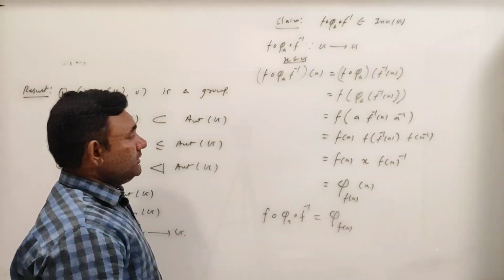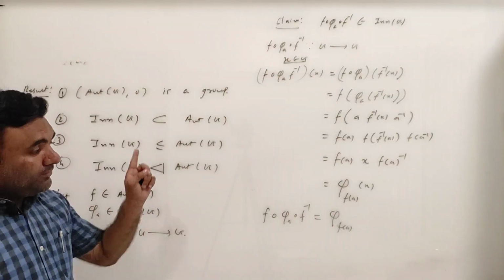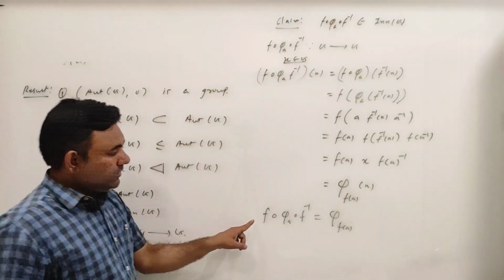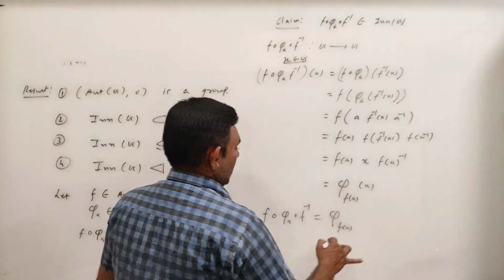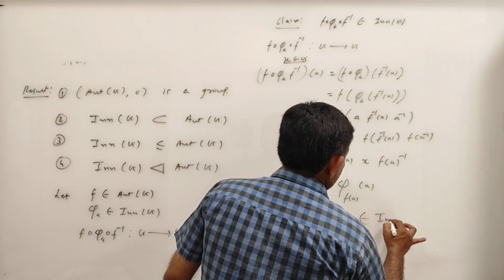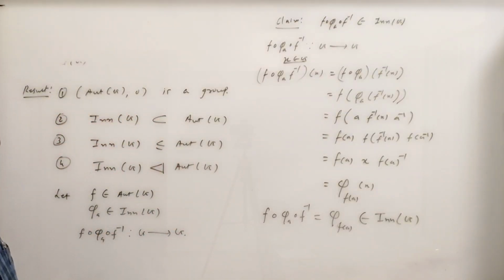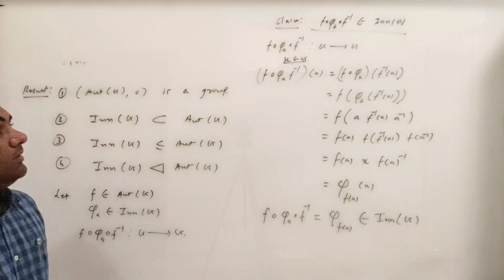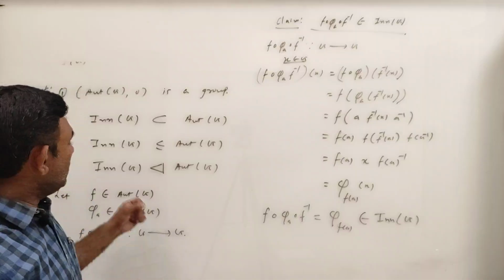Now a belongs to G, so f a will also be in G because f is a mapping from G to G. So f of phi a f inverse is phi f of a, and this is an element of the inner automorphisms of G. So this was our claim: f phi a f inverse is in Inn G, it is true. So it is a normal subgroup.